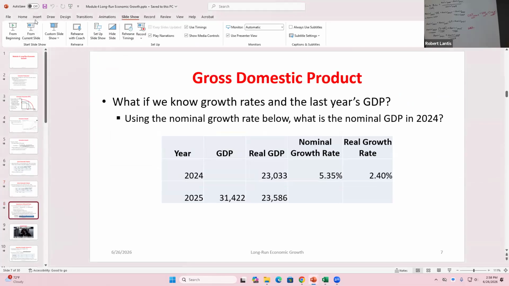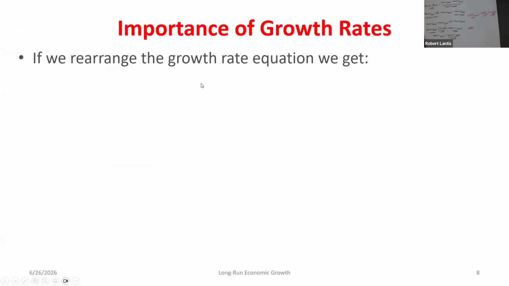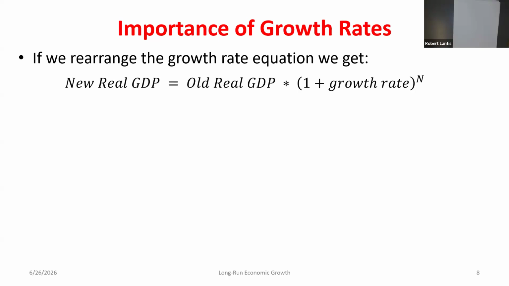All right, so the next thing we're going to go through: we just said we can make predictions for the real GDP for the upcoming year if we have expected growth rates. So if I want to make projections 20 years out, I can use a very similar form of that equation.